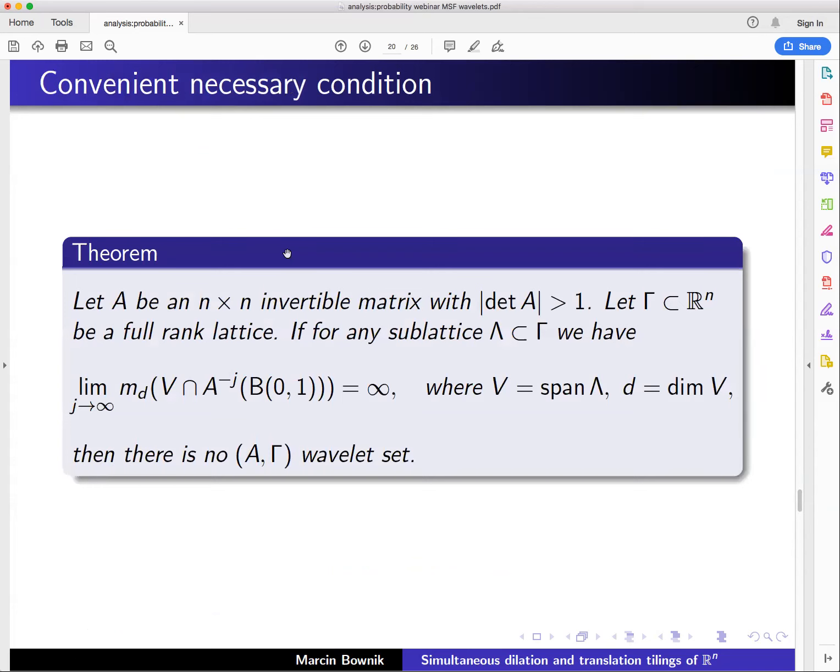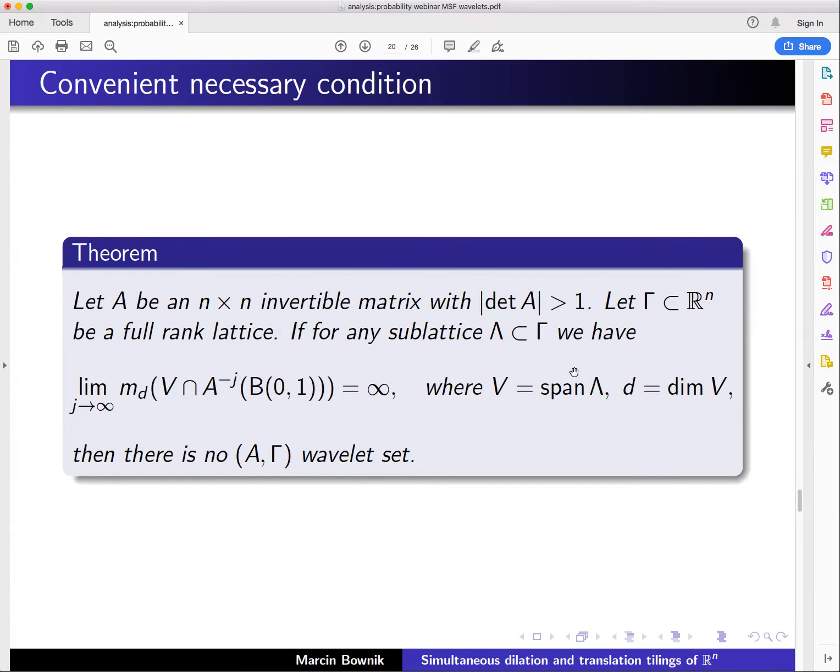So now there is another convenient necessary condition that we had for a while, but it's actually easier to check. And this is the condition, I think condition 3, in the list of equivalent conditions I had in dimension 2. So when you have an invertible matrix A with determinant bigger than 1 and you have a full rank lattice Gamma, suppose you have this condition: you look at negative dilates of your unit ball, and you intersect with any lattice subspace, so the space spanned by a sublattice Lambda.